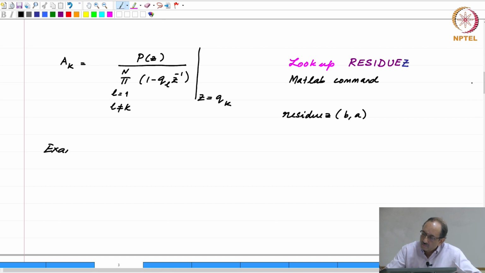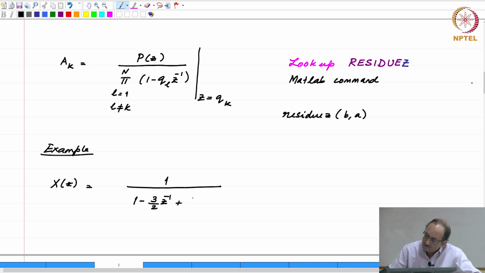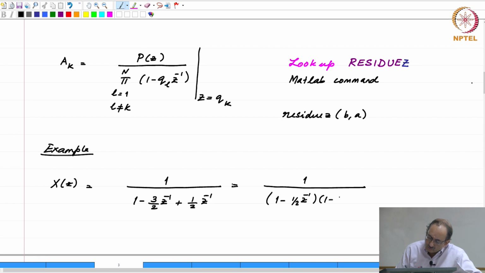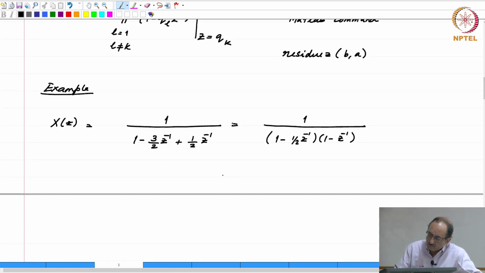And as a simple example, if X of z is of this form, the very first thing that you need to do is to factor the denominator, and this is easily seen to be 1 minus half z inverse times 1 minus z inverse.